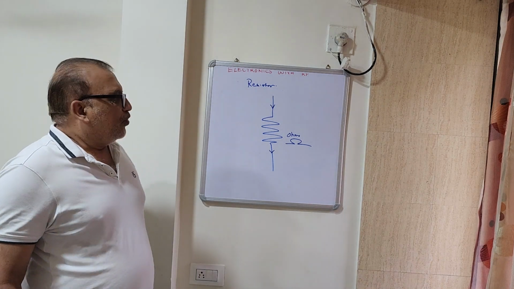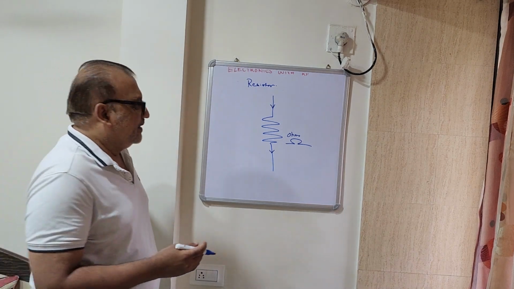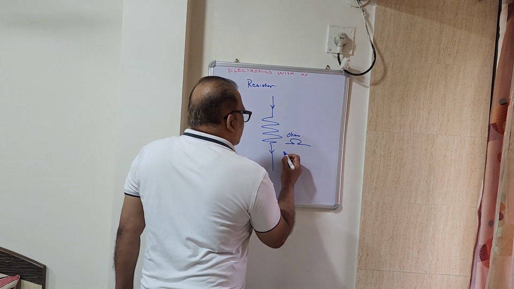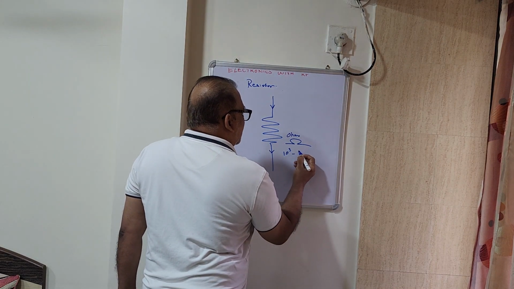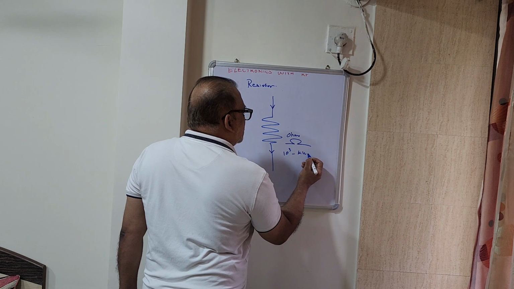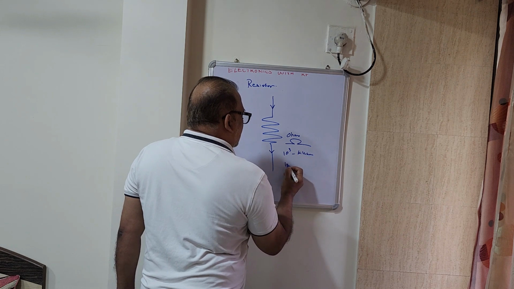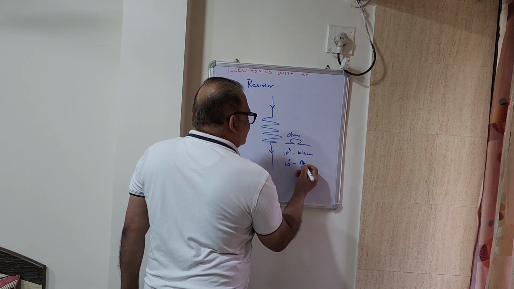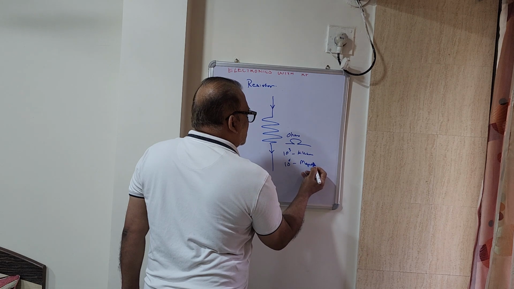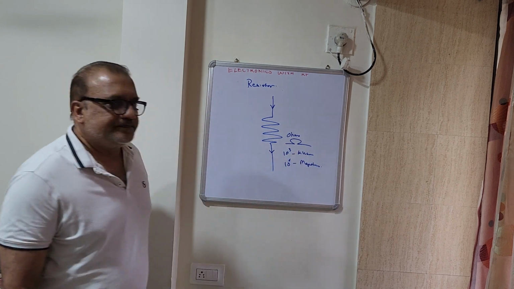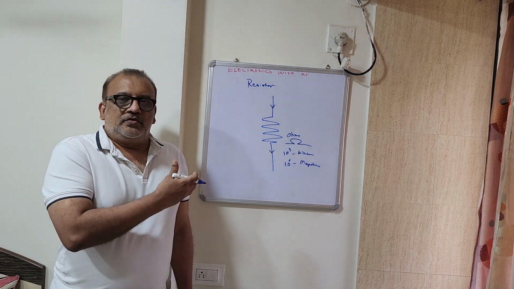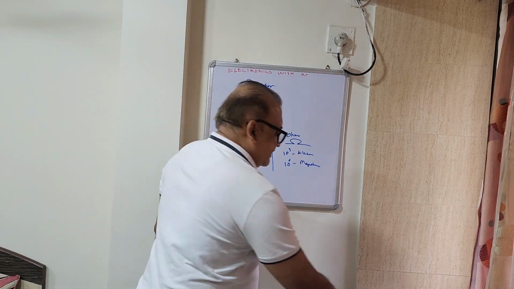Ohm is a small unit. We also have kilo ohms and mega ohms. So this is about the resistor.